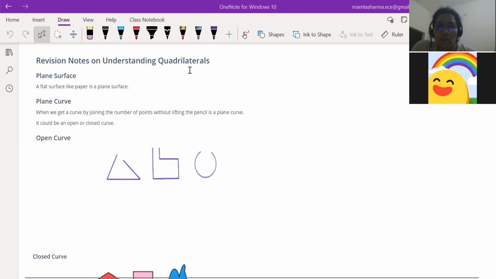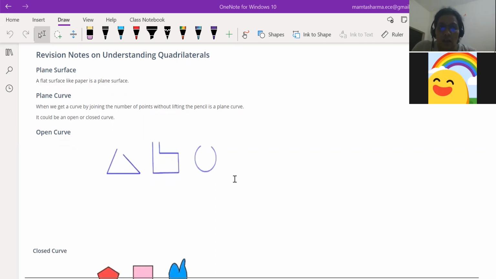That is known as a plane curve. So a plane curve is a curve formed by joining a number of points without lifting the pencil. You point out some dots on your paper, and without lifting your pencil, just draw the locus of those points. That would form a curve.